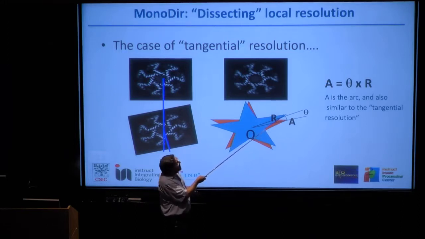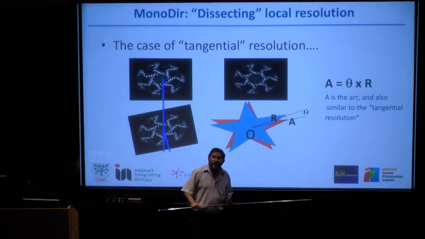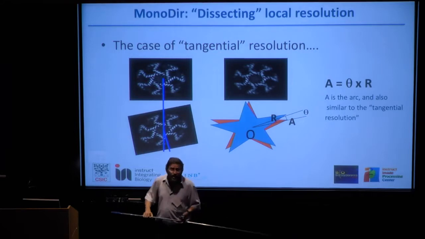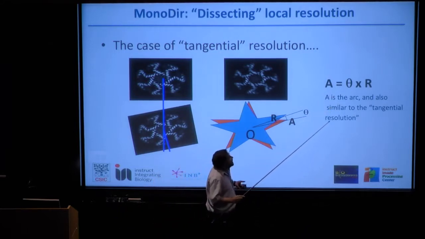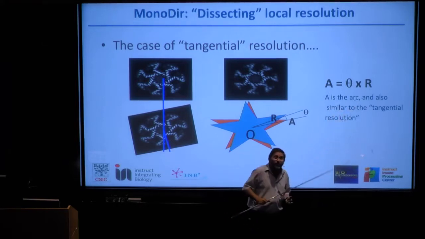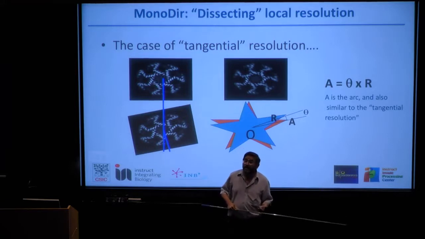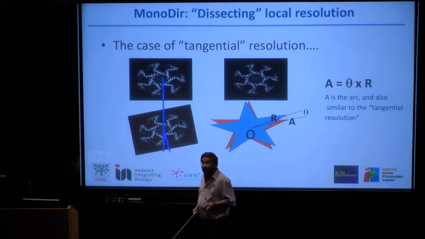And this is actually an arch. So if I use the very simple expression of arch is equal to the angle multiplied by the radius for small angles, well, then if I plot as a function of radius, I will have immediately information about my angular error. Okay.